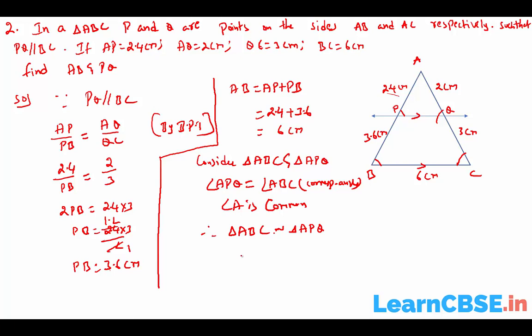That means, if I am taking the first one, AP by AB equals PQ by BC.